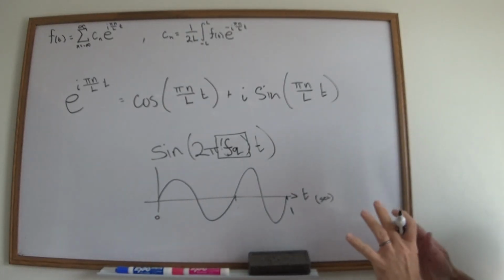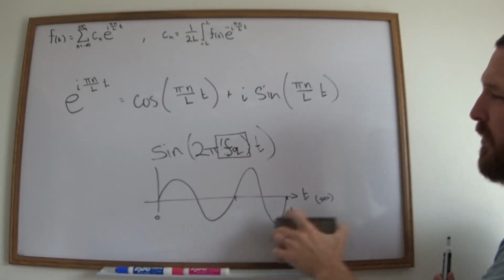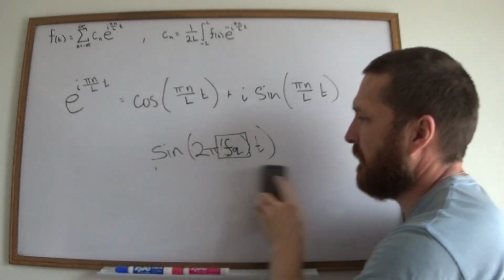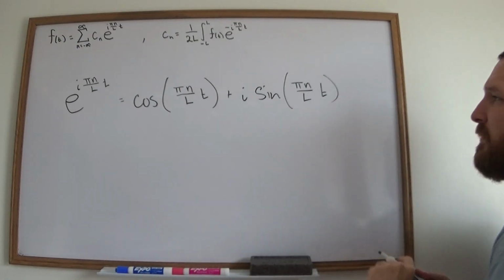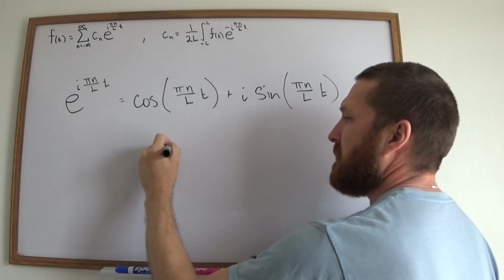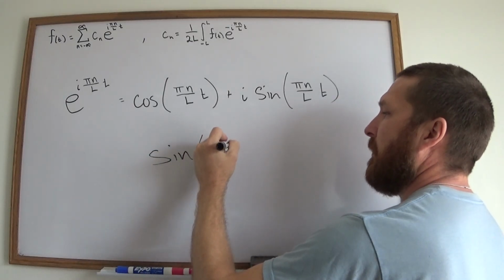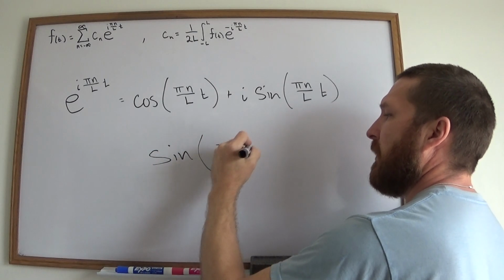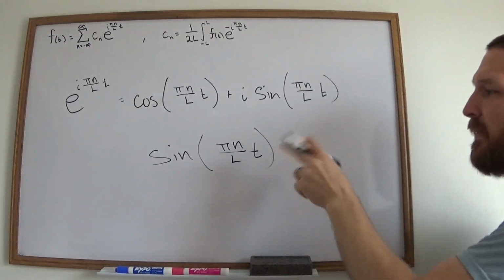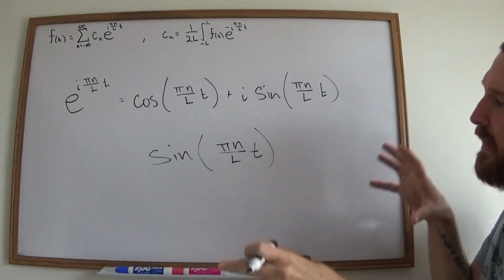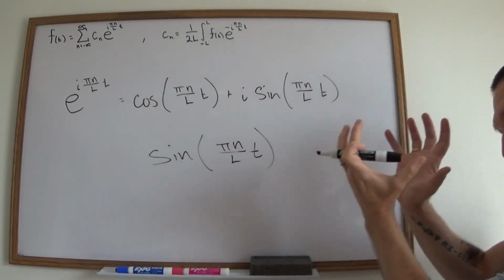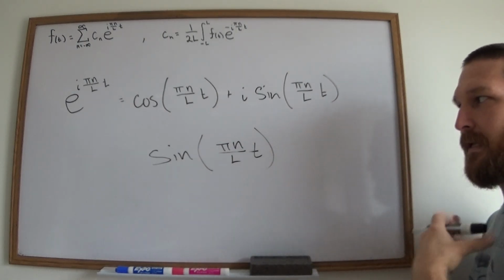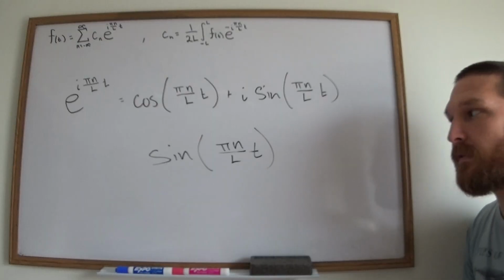So looking at the way these are written, sine of pi n over L times t, if I could rewrite that as 2 pi times something, then whatever that something is, is itself the frequency.